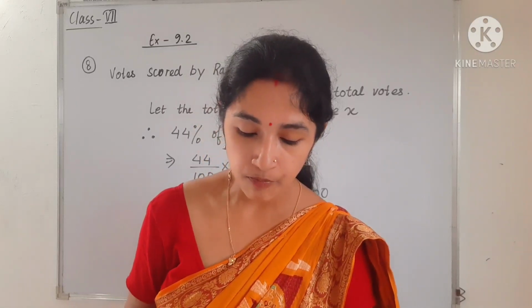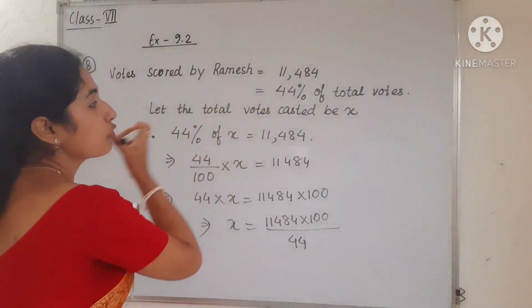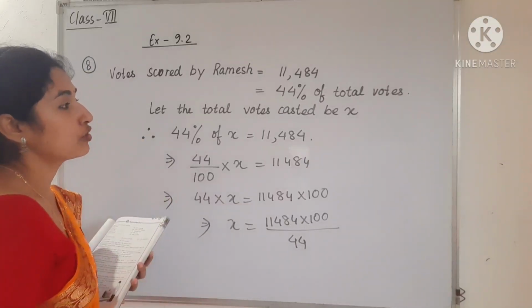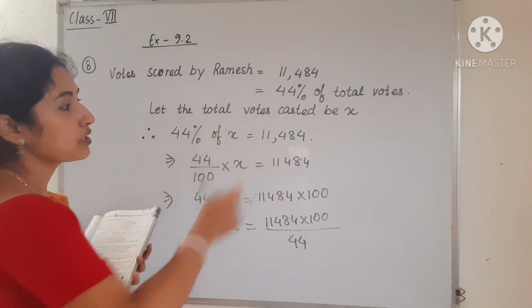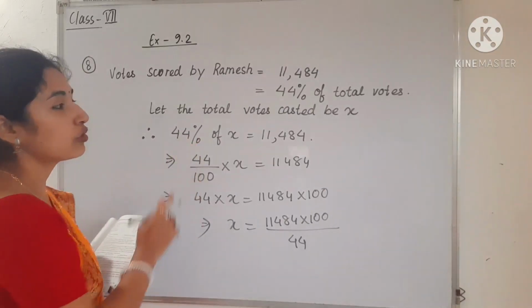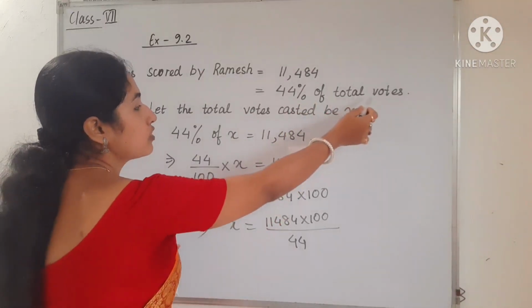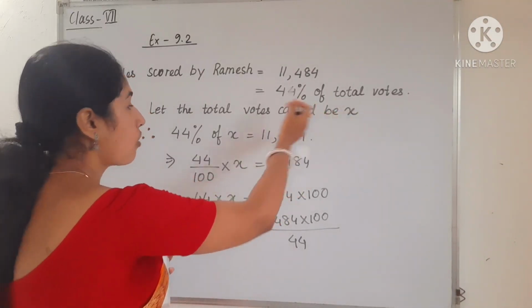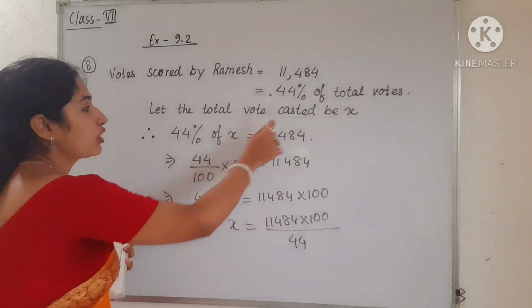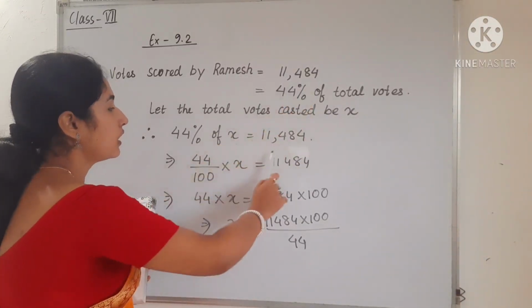So how to find? See, first of all, it is given that Ramesh scored 11,484 votes, and that is equal to 44% of the total votes. Already it is given in the question. So let the total vote casted be X. So in place of total votes, we can write X. So according to the question, we can write 44% of the total votes is equal to what? 11,484.